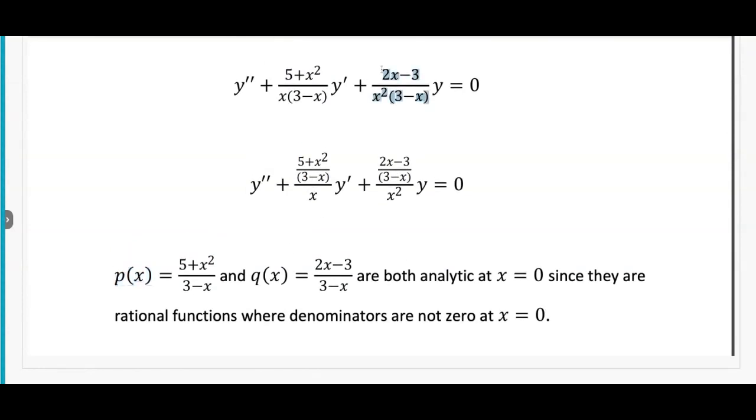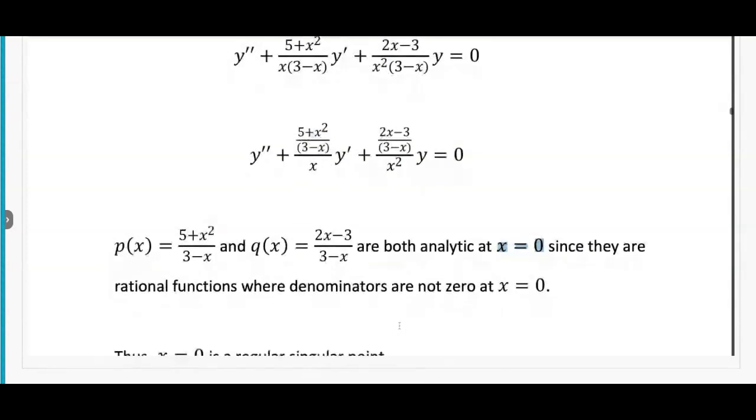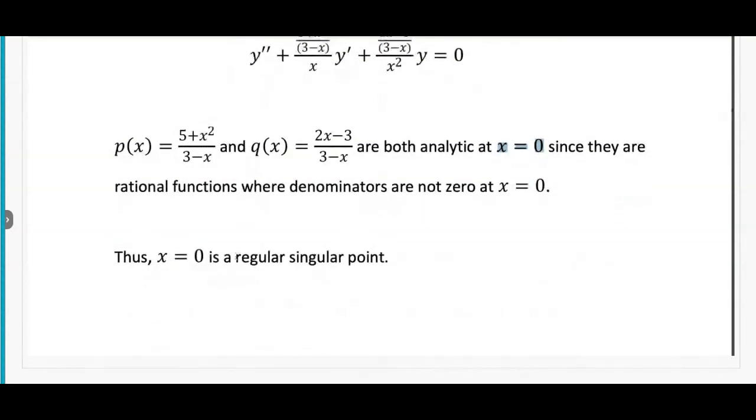Similarly, we multiply x squared by capital Q, and then we get q of x to be this. Again, 0 is in the domain of this lowercase q. So that means both little p and little q are analytic at 0, right? So 0 is a regular singular point.